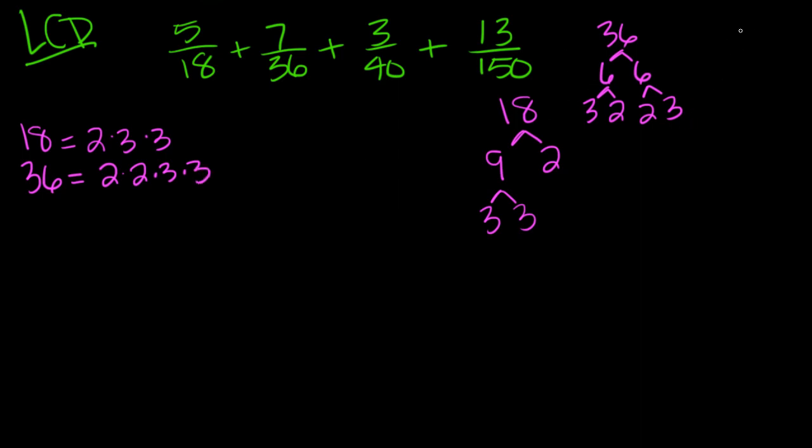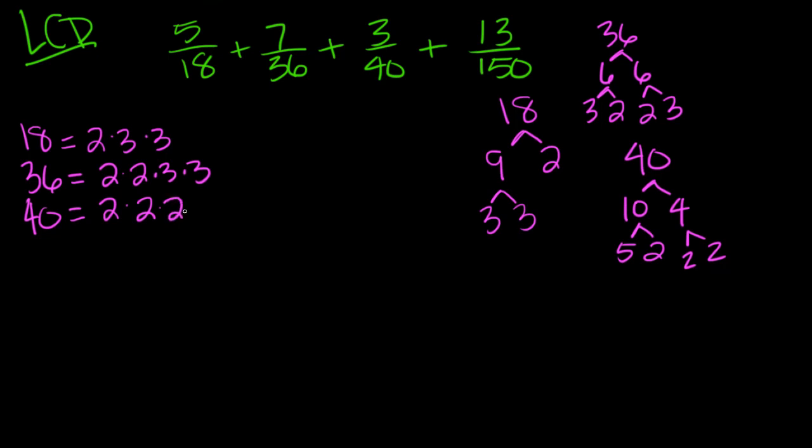And next up is 40. 40 is 10 times 4. 10 is 5 times 2, and 4 is 2 times 2. So 40 is equal to 2 times 2 times 2 times 5.